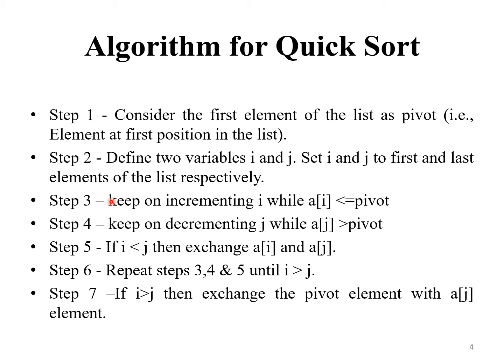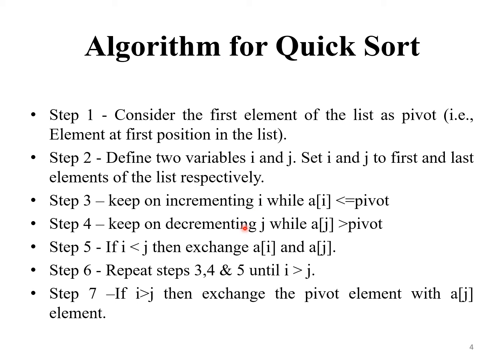Step 3. Keep on incrementing i while a of i is less than or equal to the pivot. If the element is less than or equal to the pivot, then we increment i. But if a of i is greater than the pivot, then we stop i.